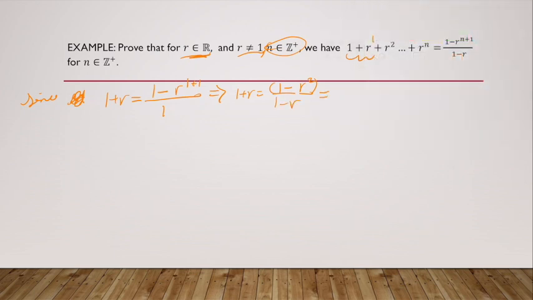That equals 1 minus r times 1 plus r over 1 minus r. My 1 minus r's cancel, so I find that 1 plus r equals 1 plus r.